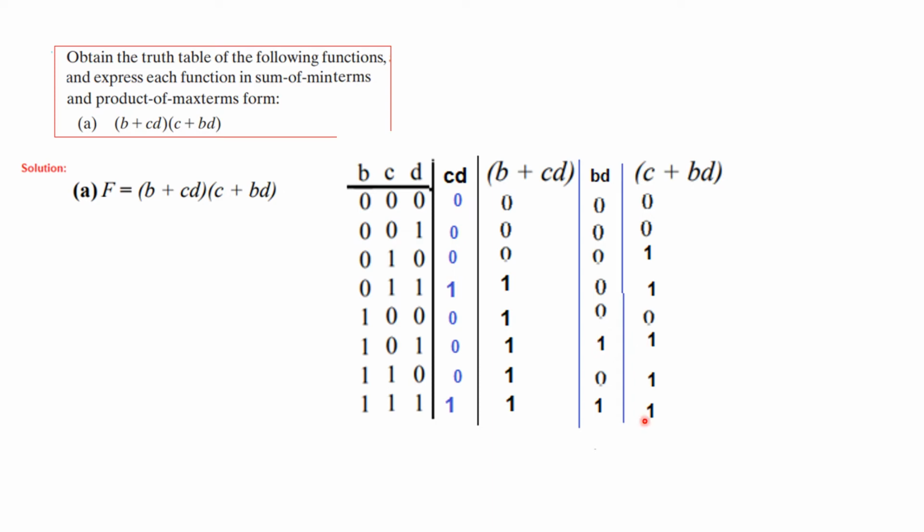This is also, we have already written 1 here. Okay, so this is the answer for C plus BD. And now we have to multiply these both, that is we have to AND them, meaning only when both are 1, we'll have an answer.